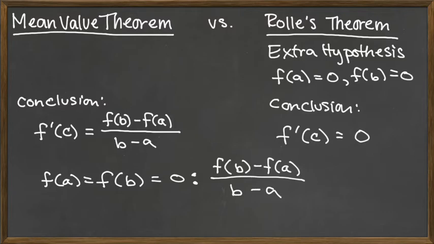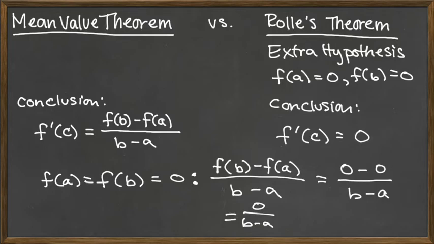What we get when we make that substitution is 0 minus 0 over b minus a. We still don't know what b and a are. We know that they're not the same value, so the denominator is not 0, but on the top we've just got 0 minus 0, over something we know to be non-zero.